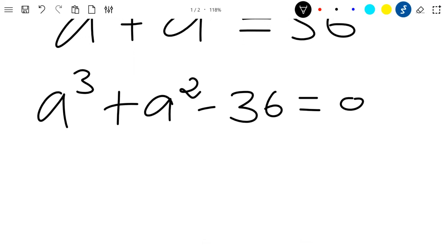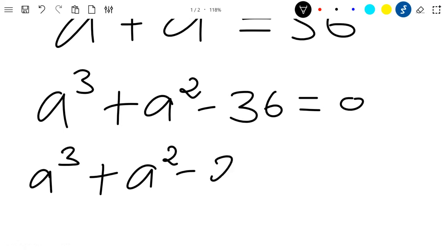What we need to see here is that this 36 can be written as 27 + 9. Okay, so let's rewrite our equation. We have a^3 + a^2 - 27 - 9 = 0.